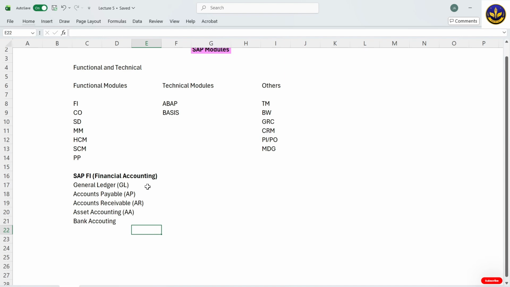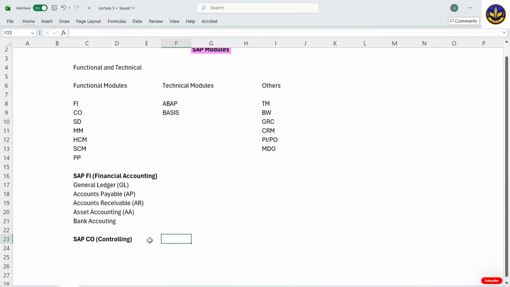Now we would highlight some of the CO submodules. So CO is actually controlling. So what is the difference between this FI and CO?